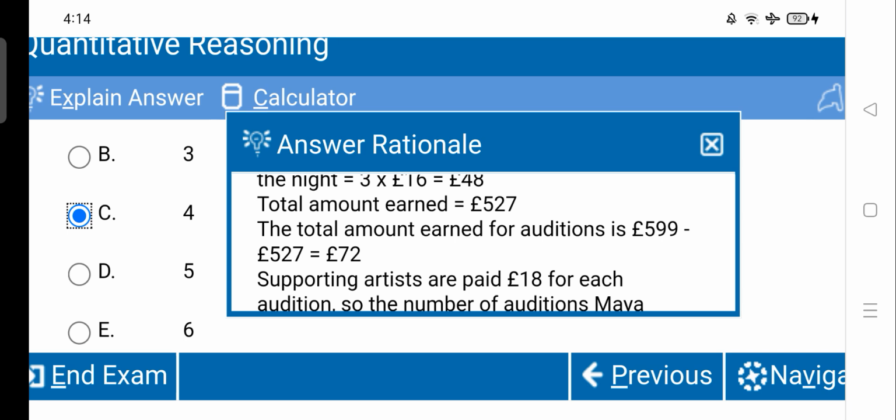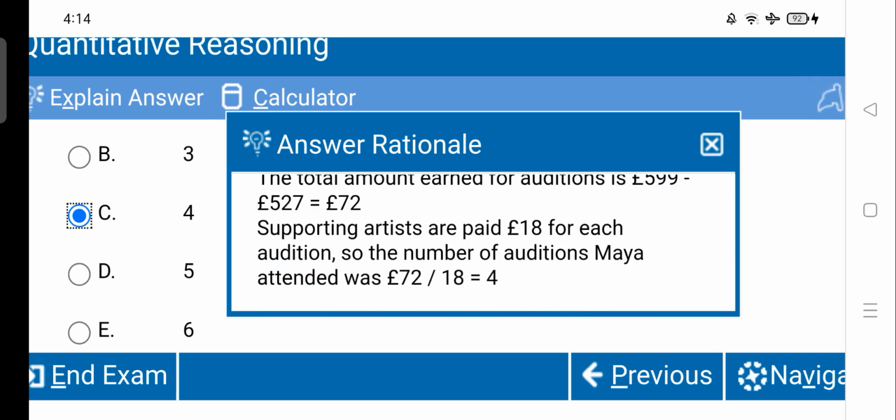The total amount earned for auditions is 599 pounds minus 527 pounds equals 72 pounds. Supporting artists are paid 18 pounds for each audition.